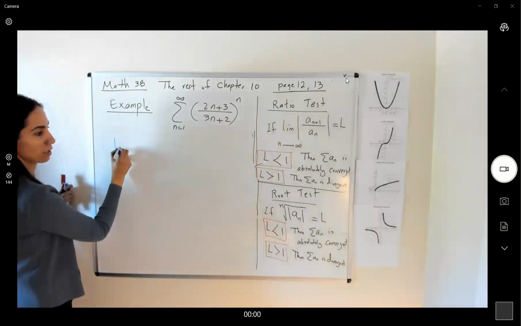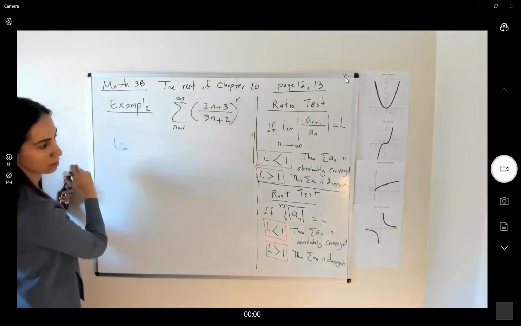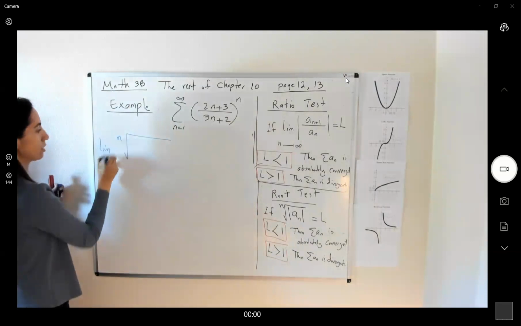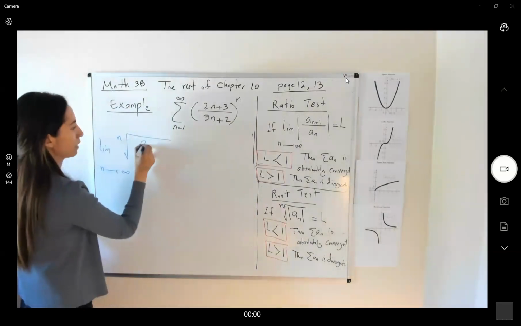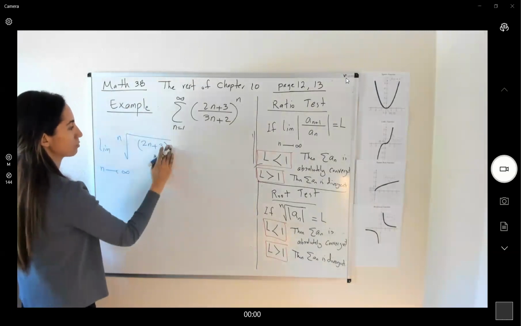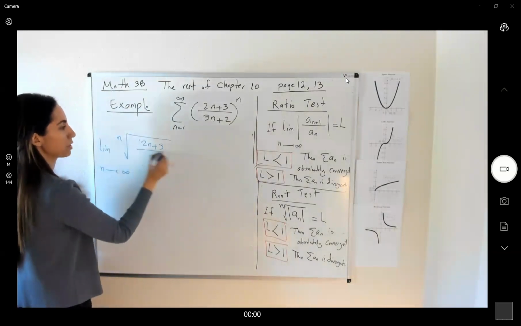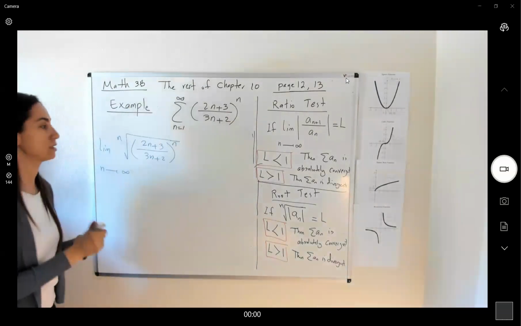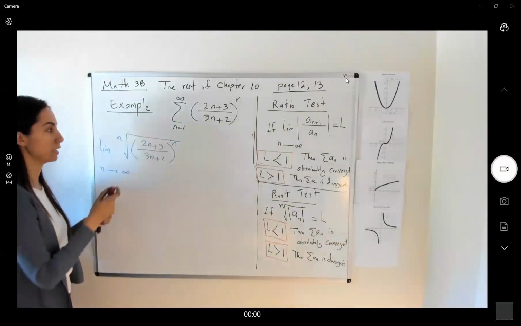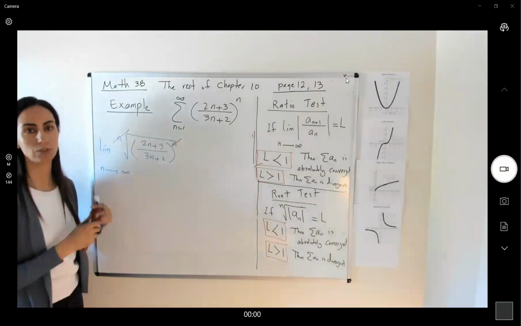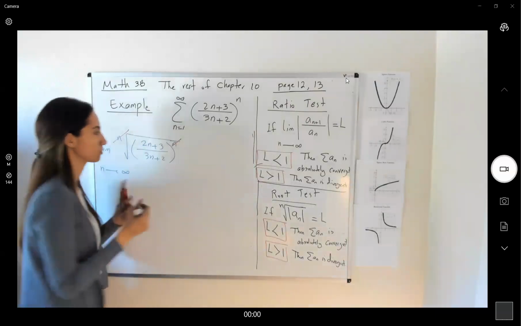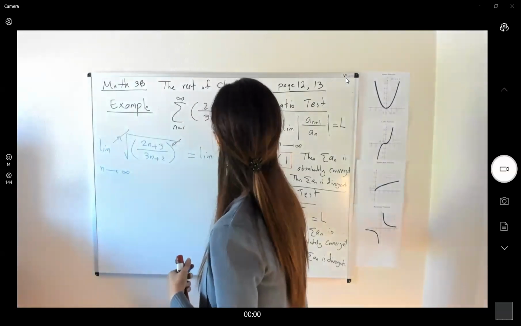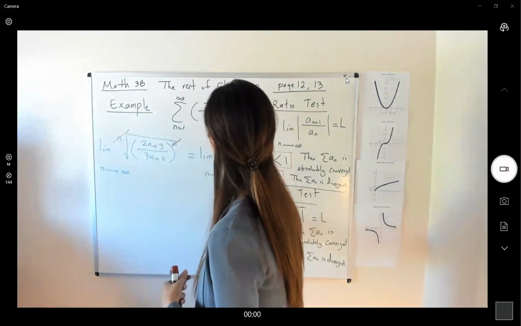I take the nth root of my a_n, and then I take the limit as n goes to infinity. I have 2n plus 3 divided by 3n plus 2, all raised to n. Since the exponent and my index are the same, I can cancel these two and get rid of the radical. So here I have the limit of 2n plus 3 divided by 3n plus 2 as n goes to infinity.